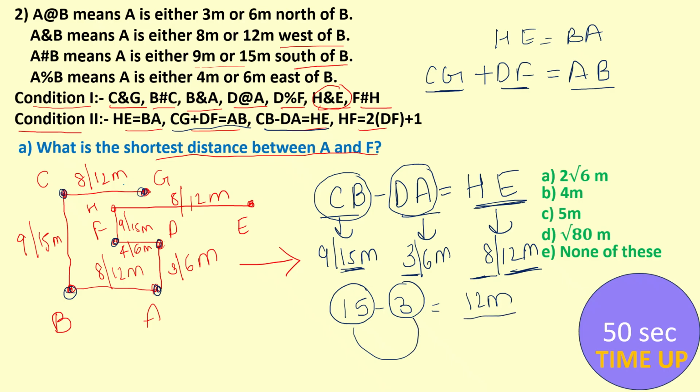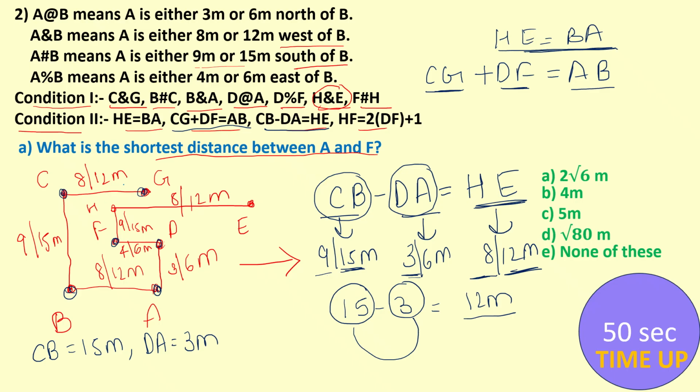Correct? So if you get HE, you will get the distance of BA or AB, whatever you say, because that too is equal, they are saying. So what did I get? CB is 15 meter. Then DA I got as 3 meter. If you do 9 minus 3, you'll not get 8 or 12.